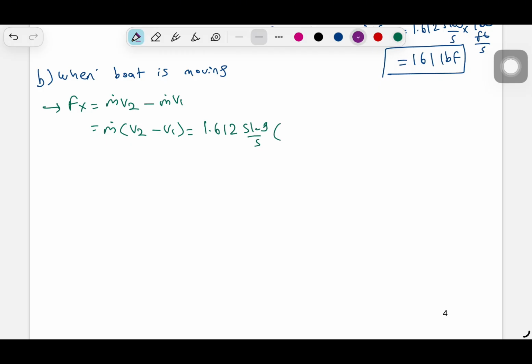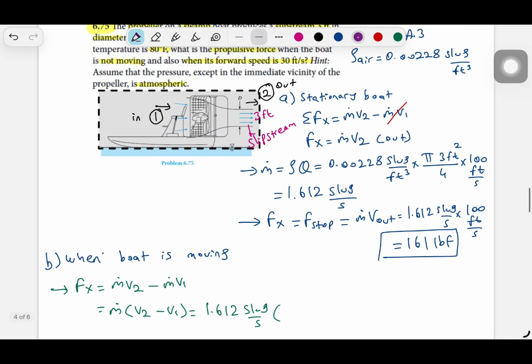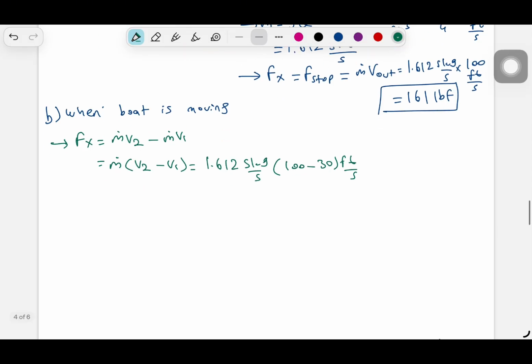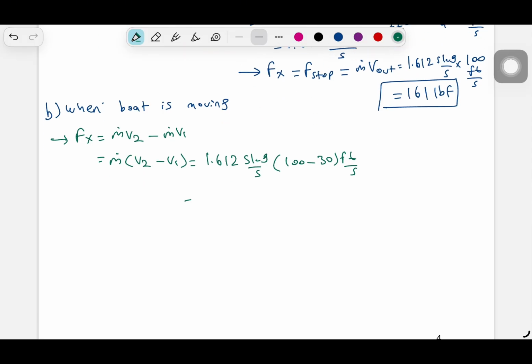And this time, differently, we still have 100, but since the boat is moving, we have 30 feet per second as inlet. So we will have 100 minus 30 feet per second. And this gives 113 pound force.